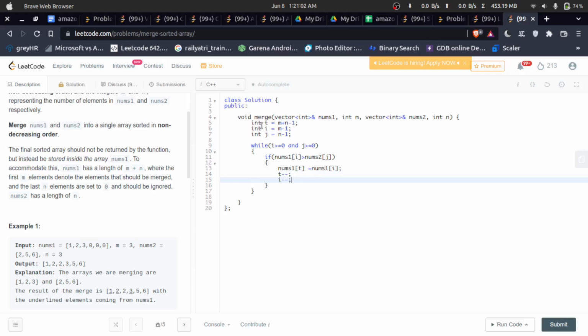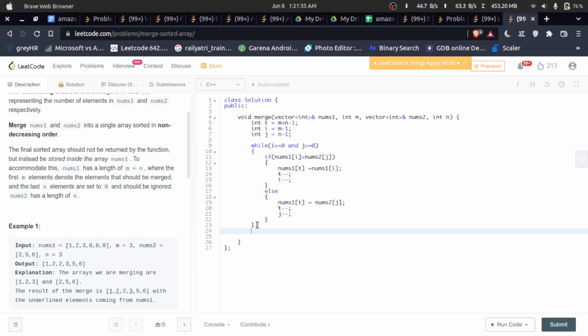Else, in the less than or equal case, nums1[t] equals nums2[j], and t minus minus, j minus minus.